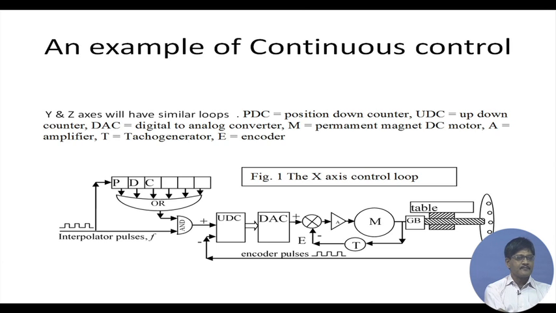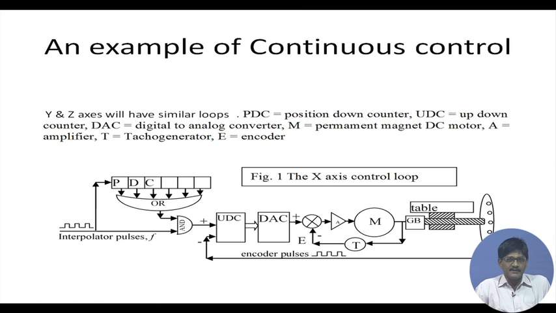So, here this represents the circuit for one axis of movement. If you remember, we had discussed that continuous control will always have an interpolator.